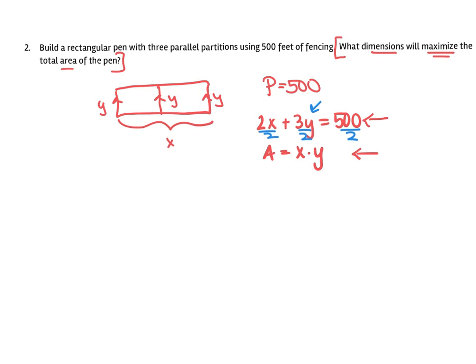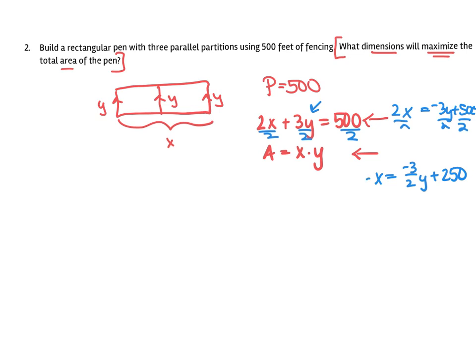So I'm going to take that equation and solve for x. I'll show you my work here. I have negative 3y plus 500, and now dividing by 2, I have x is equal to negative 3/2 y plus 250.